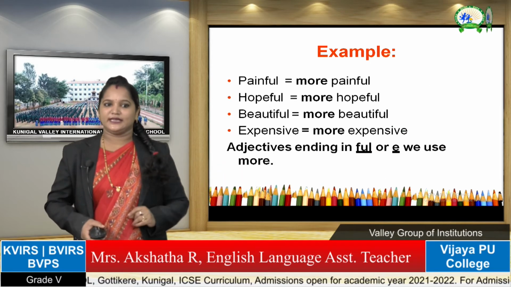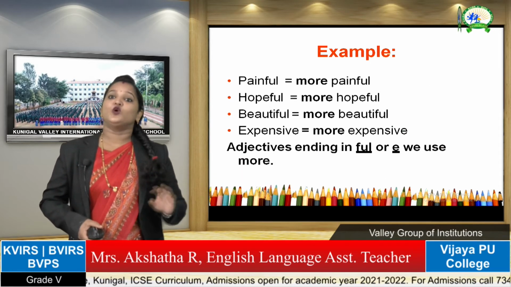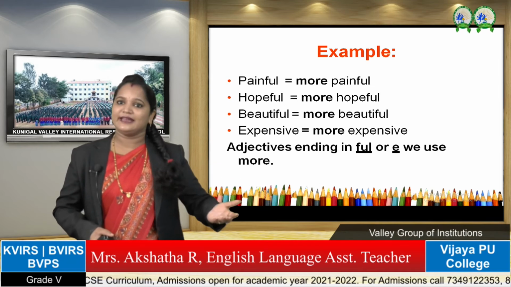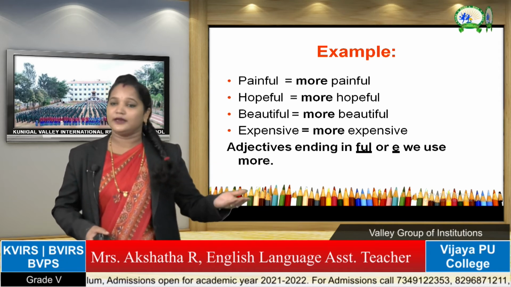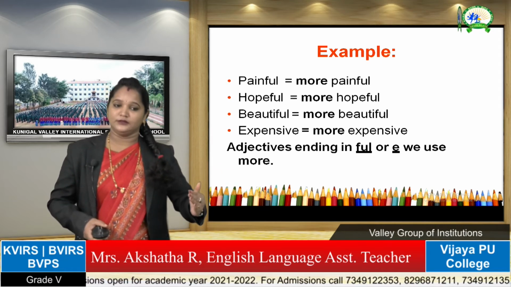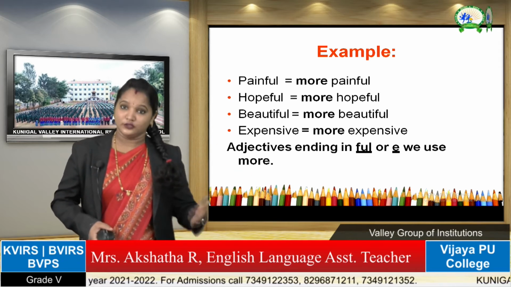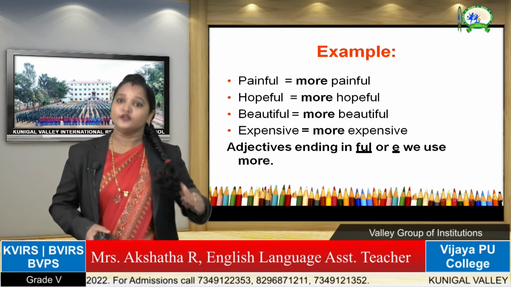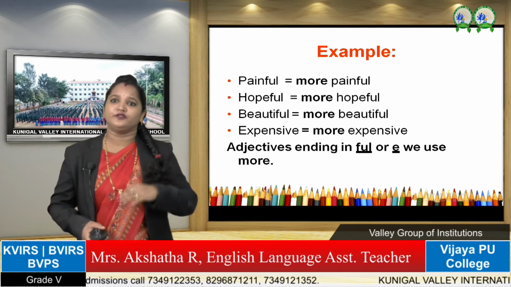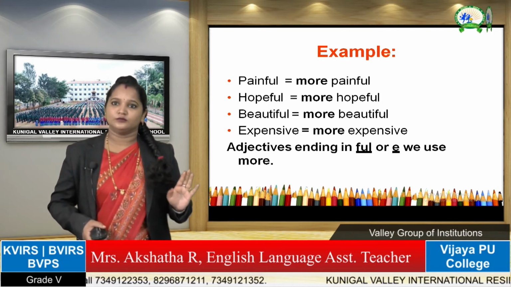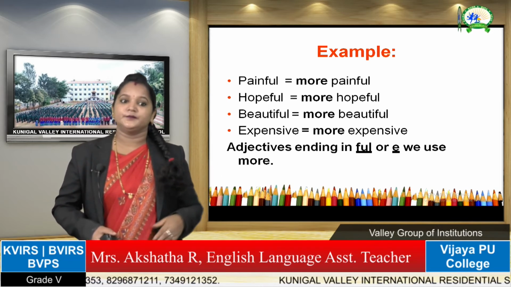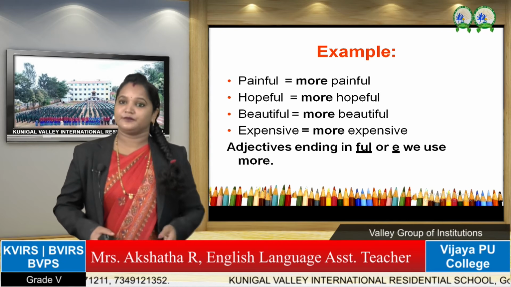But some exceptional cases are there. You won't add ER and make it painer, not like that. When it is painful, you'll say more painful. Hopeful, more hopeful. Beautiful, more beautiful. You will not say beautifuler or gooder, no. We'll say more beautiful. Expensive, more expensive.